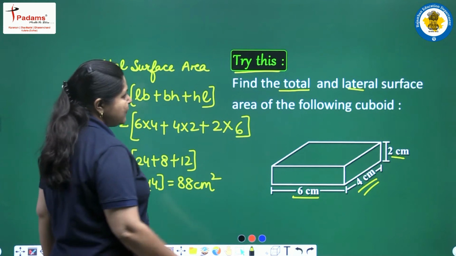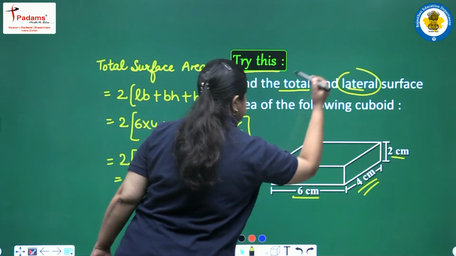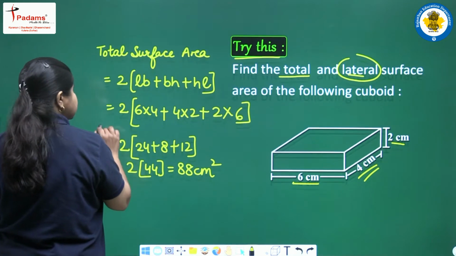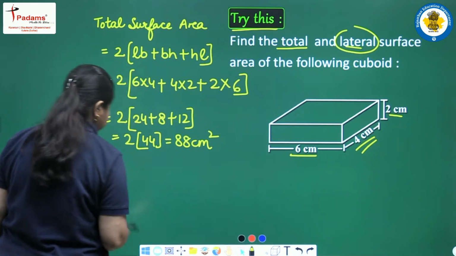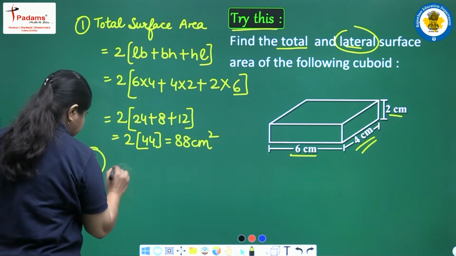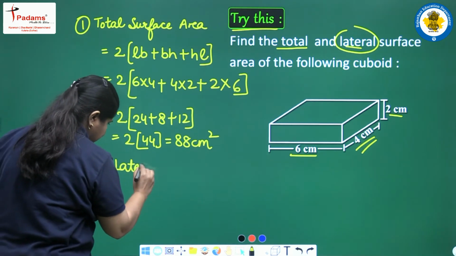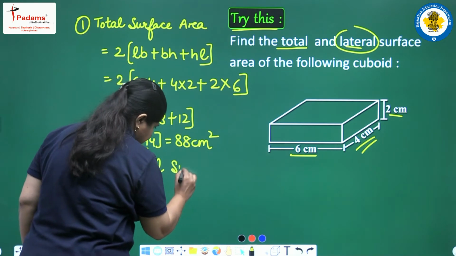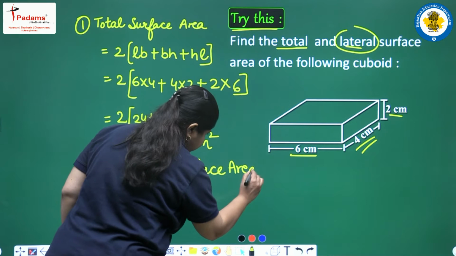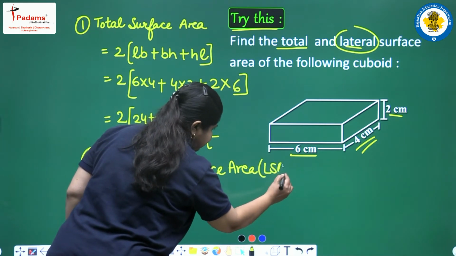Now we have also to find the lateral surface area. What is the formula for finding the lateral surface area? This we have done the first part. Now we will be doing the second part. Lateral surface area. We can also denote it in short as LSA.